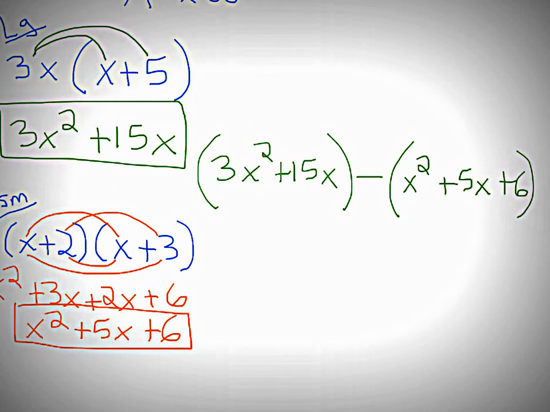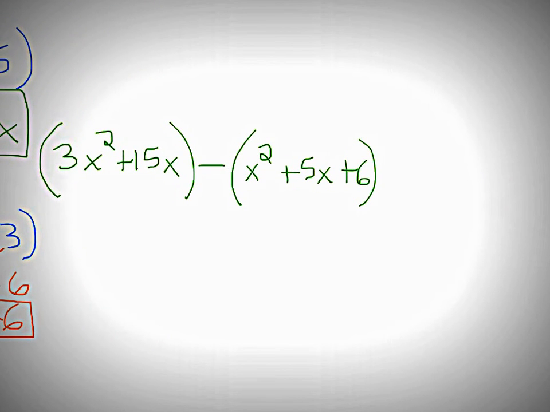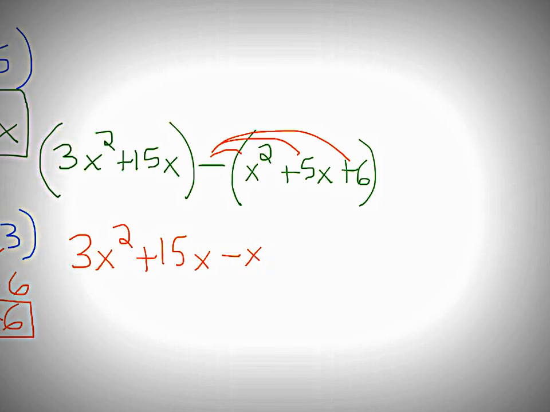So now we need to think back to our previous lesson. How do you subtract polynomials? Well, we need to distribute this negative sign and then combine like terms. So 3x squared plus 15x minus x squared minus 5x and then minus 6.